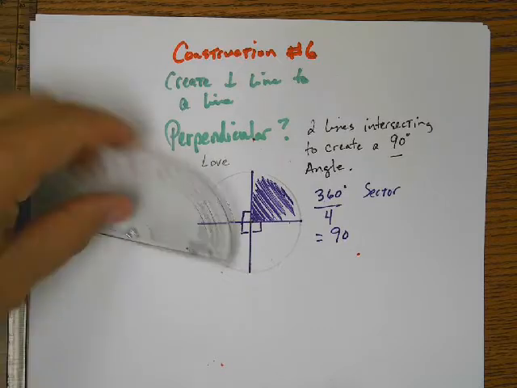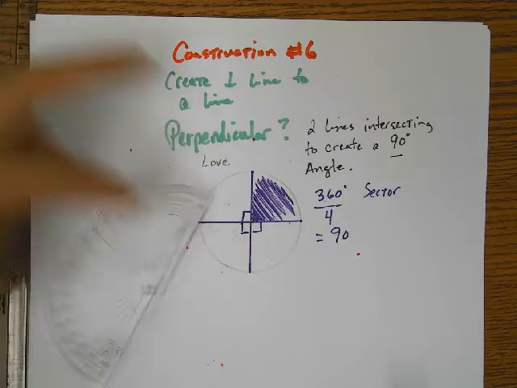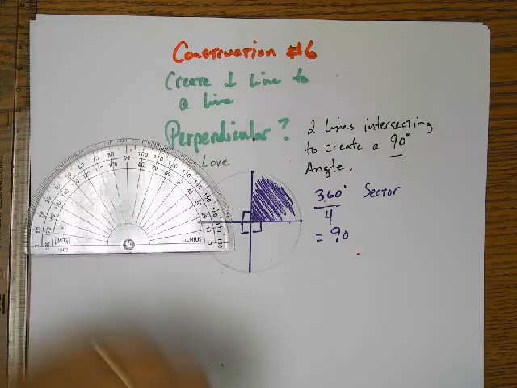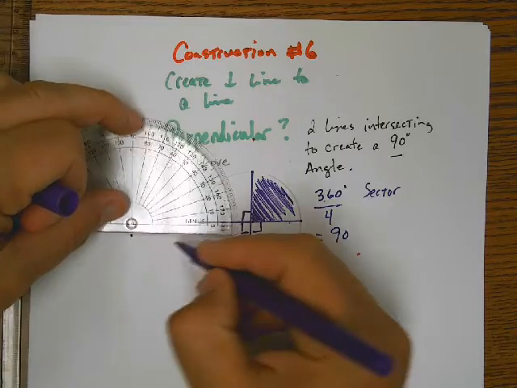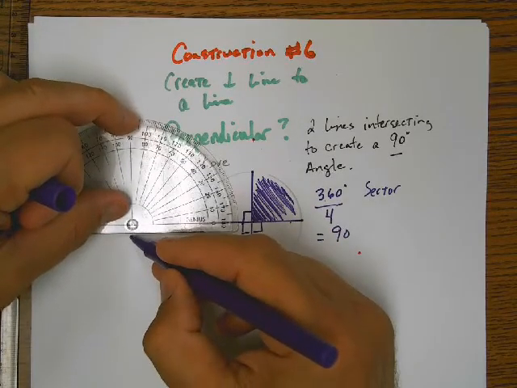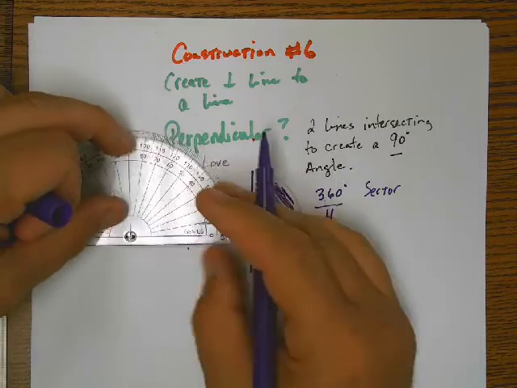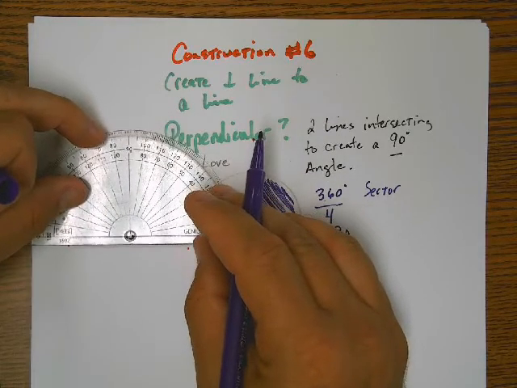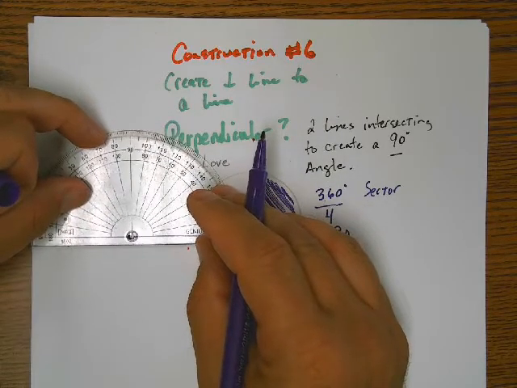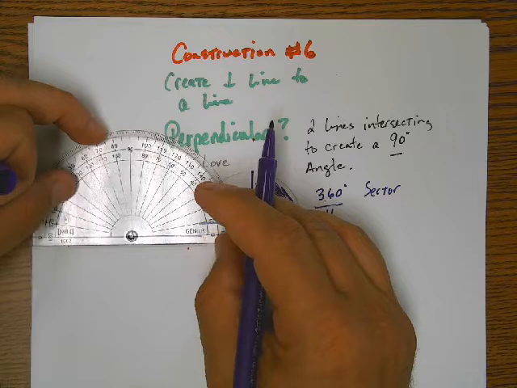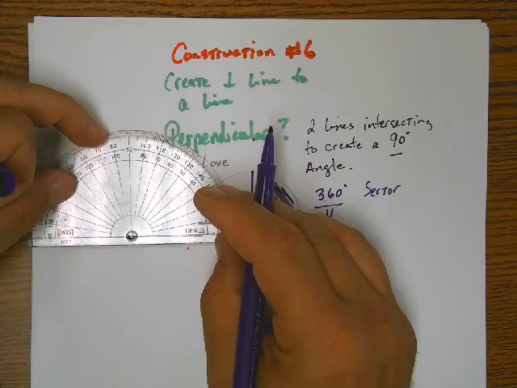Okay, sometimes people like to use a protractor. So let's say that I have a line with a dot on it. I line up the dot underneath my circle there, right above it. I line up the line on the line.